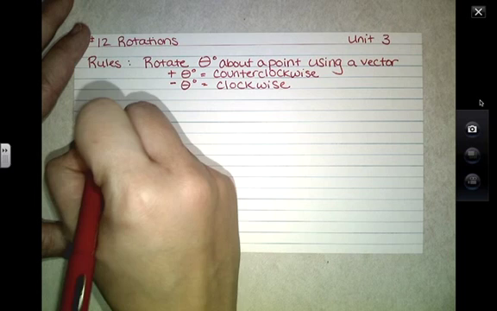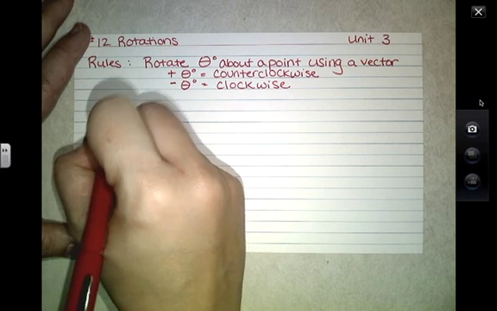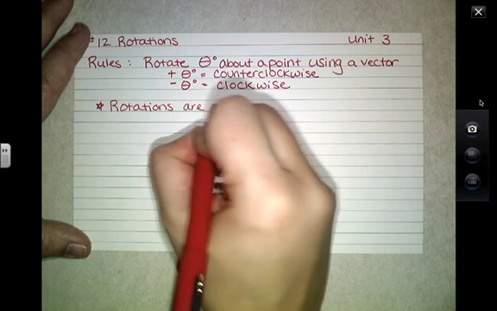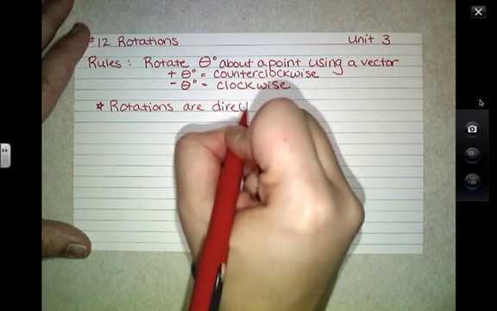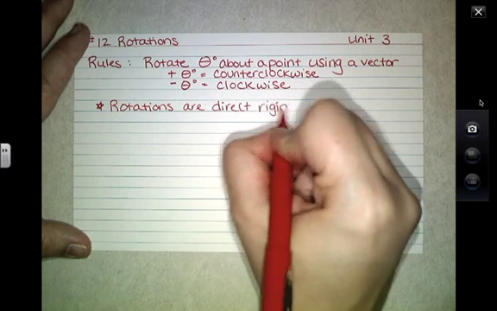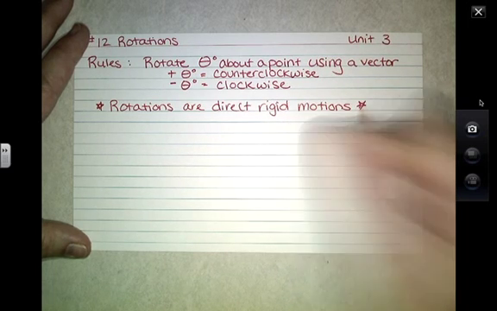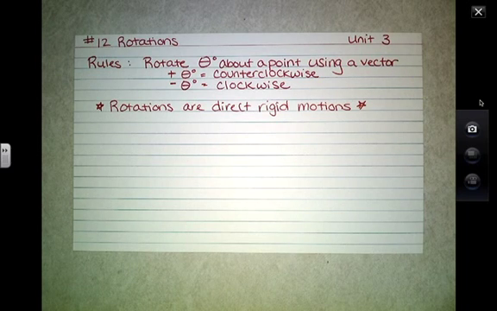And something to note here before we talk about how to do this, rotations are direct, rigid motions. Remember what direct means? The orientation of the letters will remain the same.